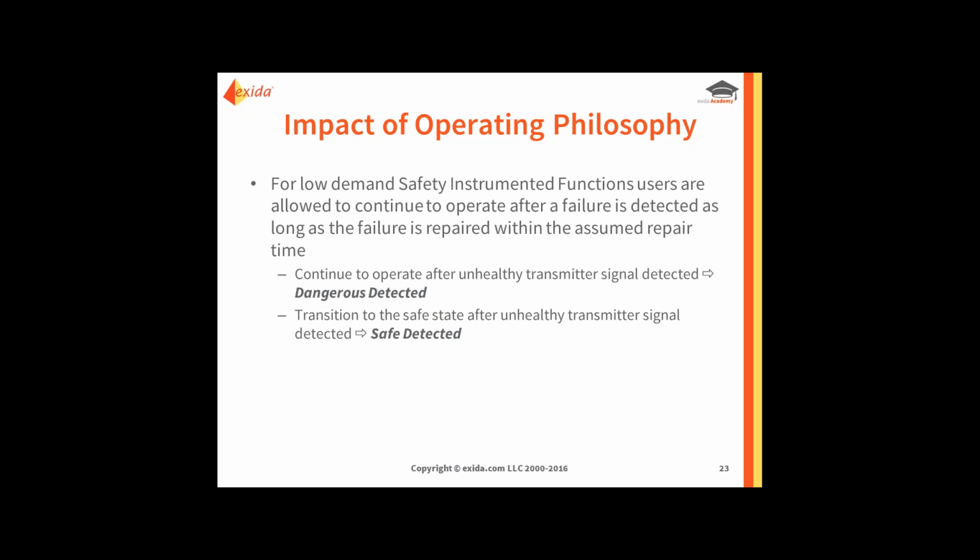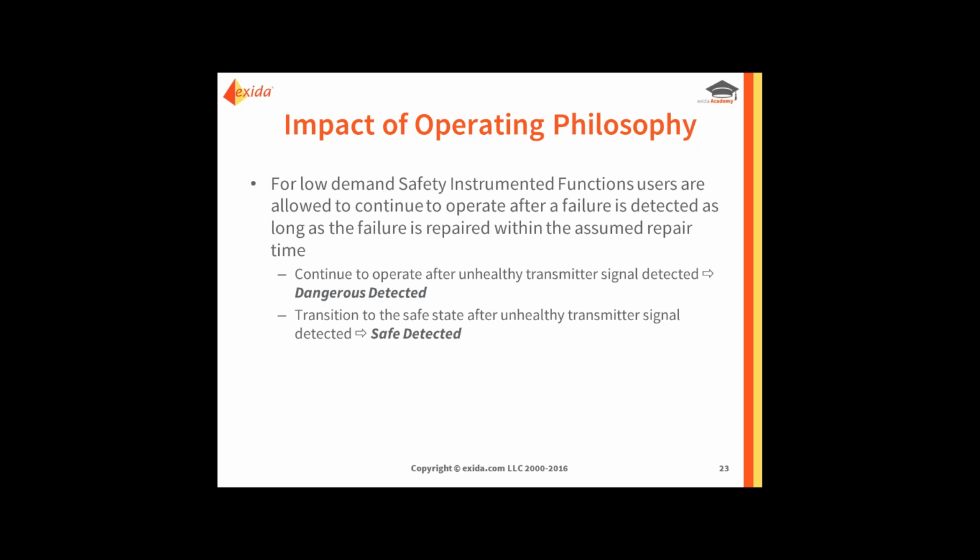They like to avoid false trips, and they say, you know what, if we cannot rely on this particular safety function, maybe for lower risk hazards, we will continue to operate, and we will fix it, of course, within the assumed repair time, and maybe we implement some additional risk reduction measures by means of maybe operators paying specific attention to the variable that is being measured.